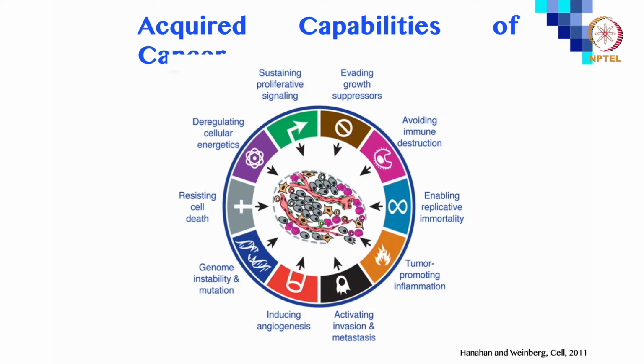This slide shows acquired capabilities of cancer. Cancer cells have several features such as evading growth suppressors, avoiding immune destruction, enabling replicative immortality, tumor-promoting inflammation, activating invasion and metastasis, inducing angiogenesis, genome instability and mutation, resisting cell death, deregulating cellular energetics, and sustaining proliferative signaling.